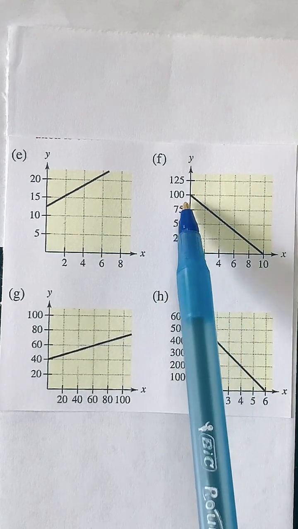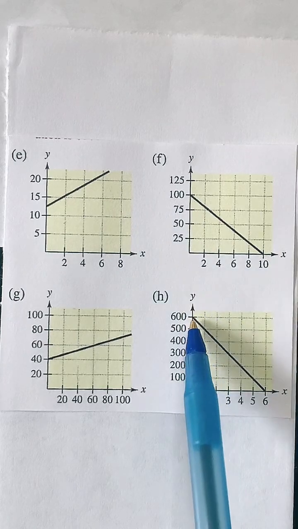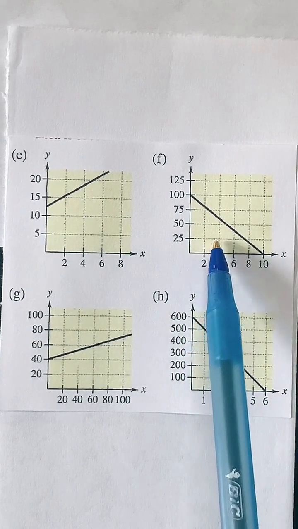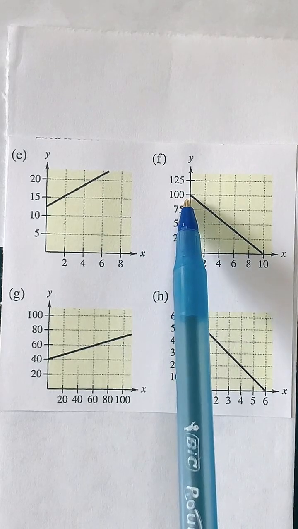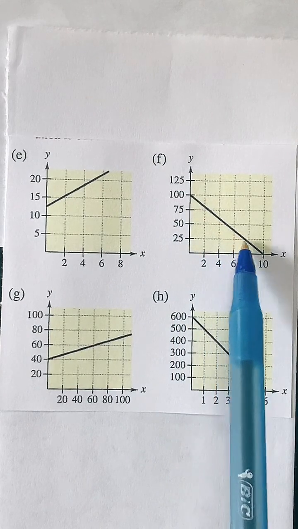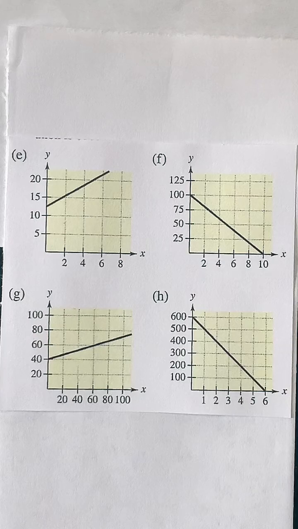If you look, this is starting at 100, but H is starting at 600. So it's actually going to be F because we started off with $100 and we're paying it off. So eventually we're going to get down to a point that we don't have to pay that person any more money. Okay? So F's off the table.